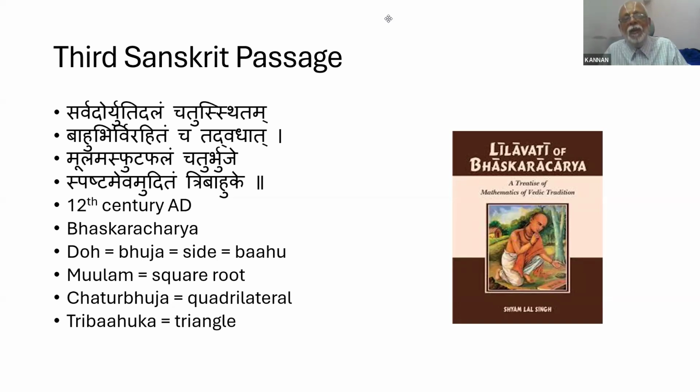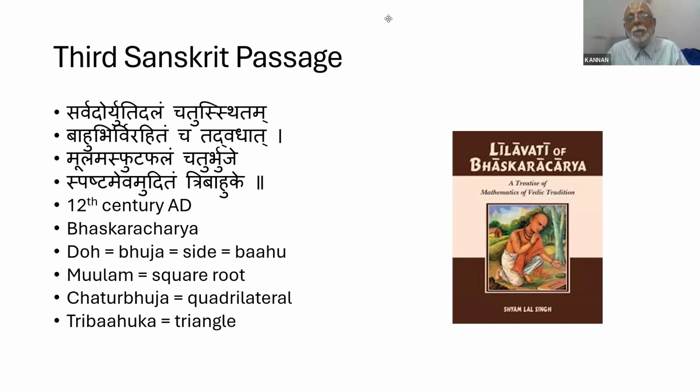Asputaphalam chaturbhuje. He says, for the area of a quadrilateral, this formula is not always the best. Phalam means area. Why does he say asputam? Only for cyclic quadrilaterals it becomes correct. For non-cyclic ones, it doesn't become correct.